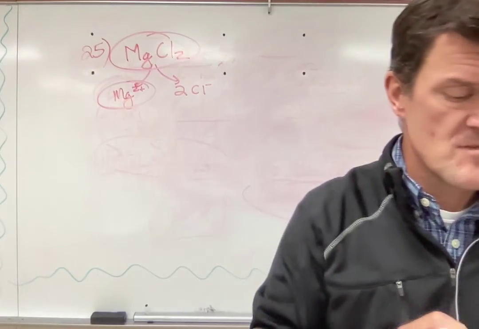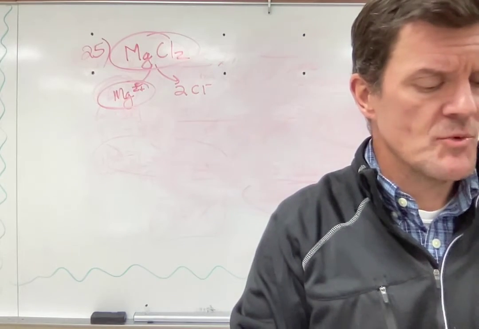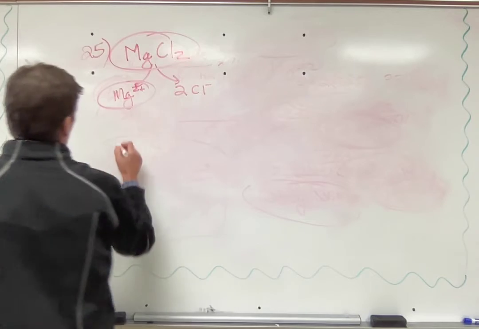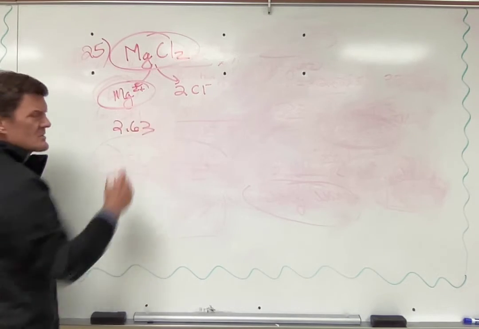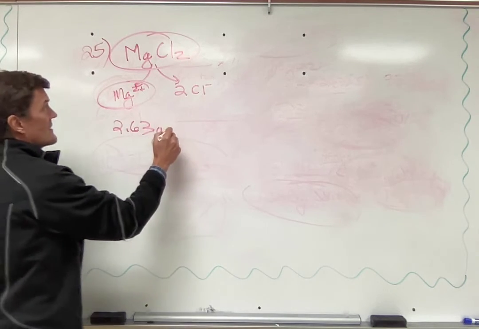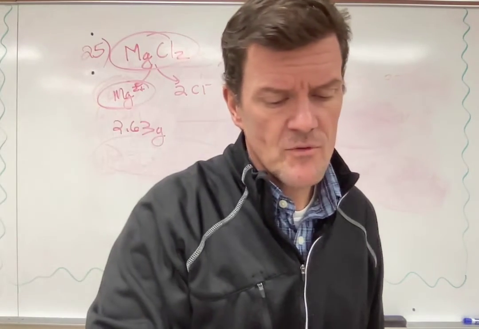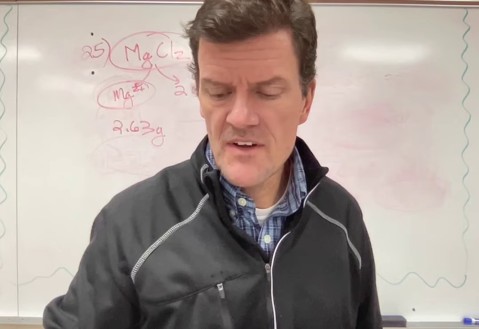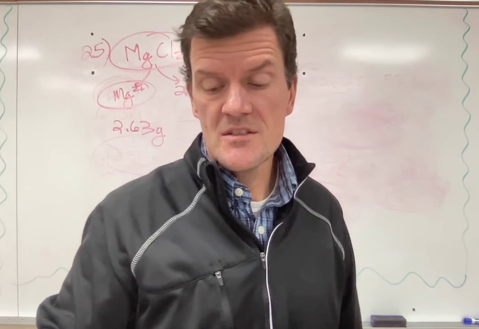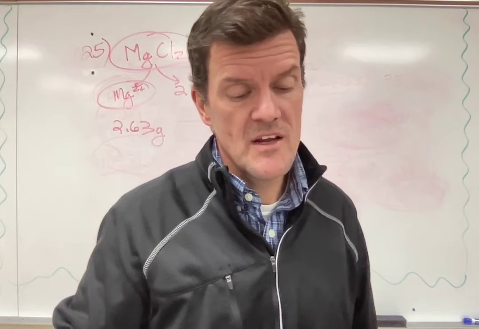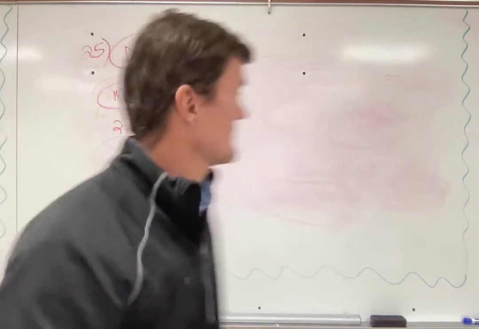Okay? So we have here 2.63 grams of magnesium chloride. Let's find out how many moles that is. Magnesium chloride was 24.3 and the 35.5. This is 71 and the 24, so it's about 95, okay?